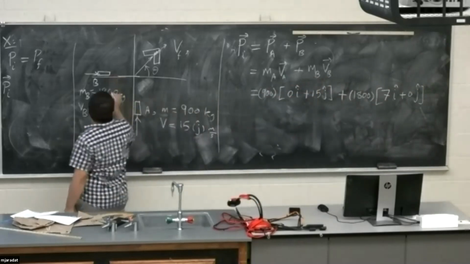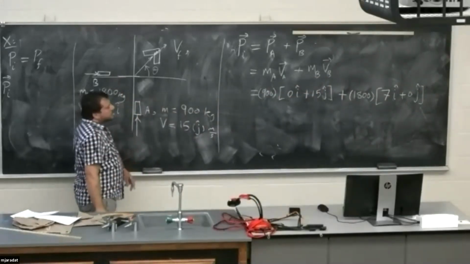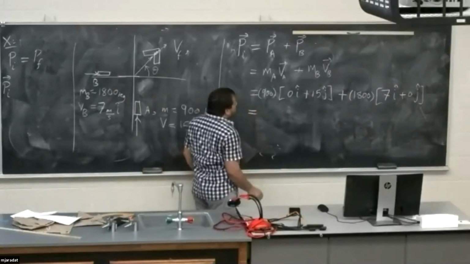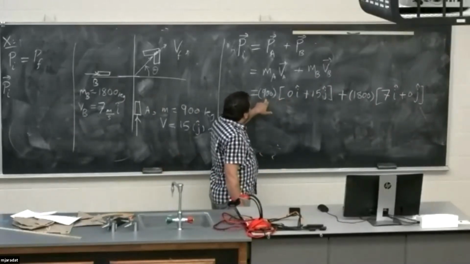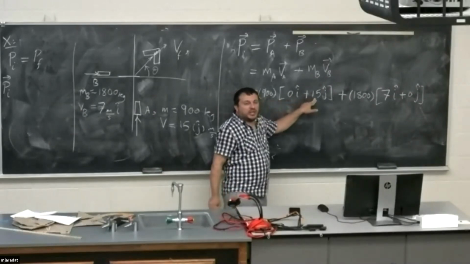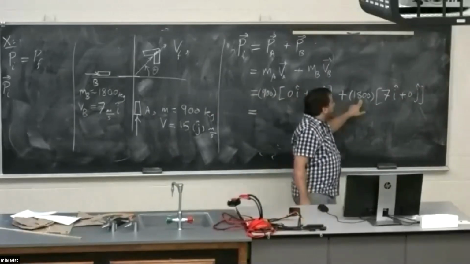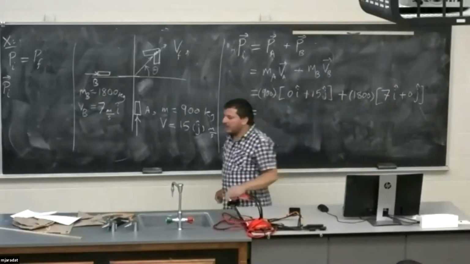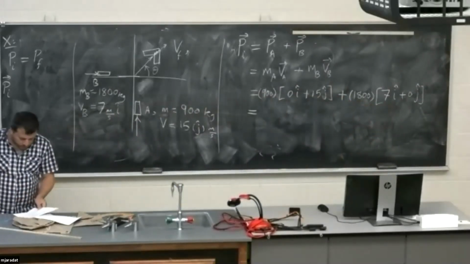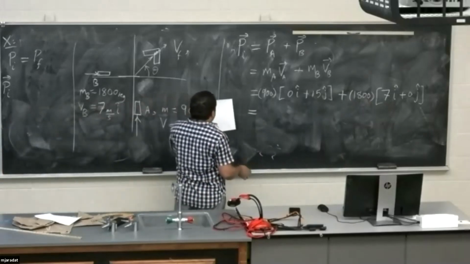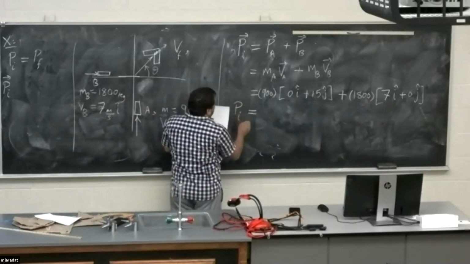This velocity is in the positive x direction. So the momentum is equal to 900 multiplied by 15 j hat plus 1800 multiplied by 7 i hat. So this will be equal to P initially.